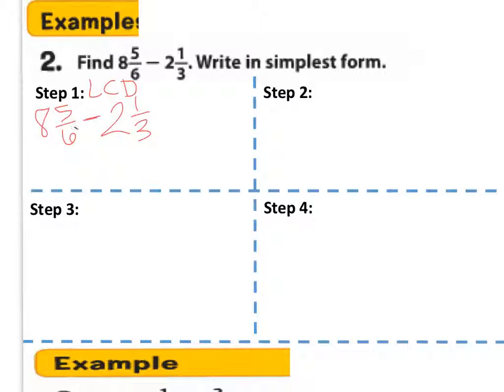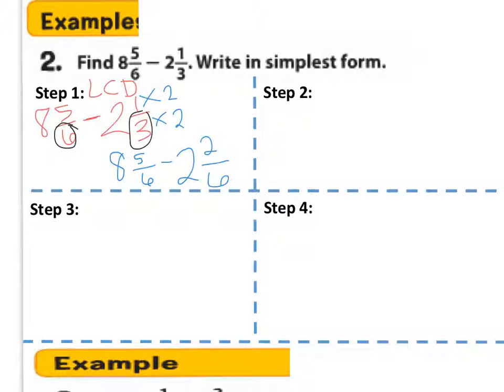So we have to make sure we get a common denominator between the 6 and the 3. I'm going to multiply the 1/3 by 2 top and bottom, and I end up with 8 and 5/6 minus 2 and 2/6. So now I have my common denominator of 6.